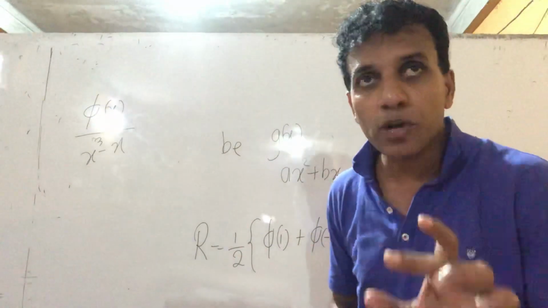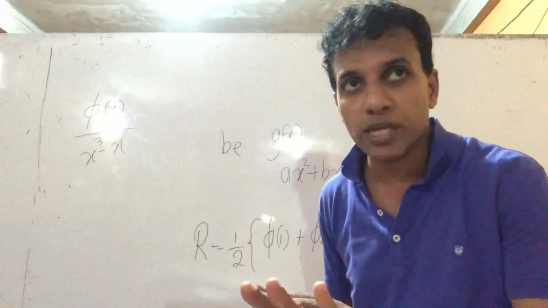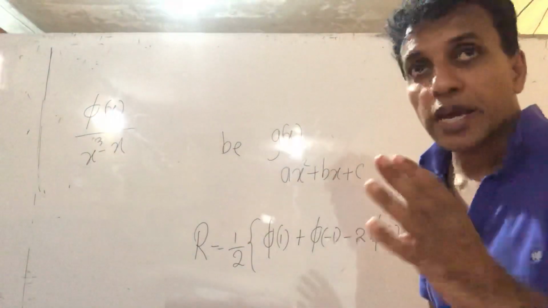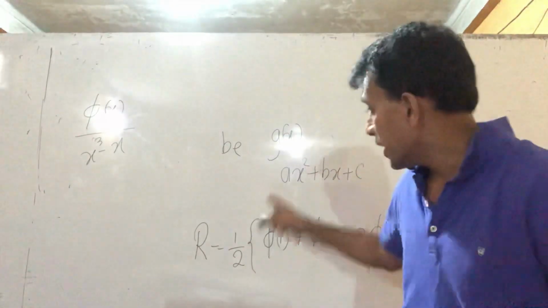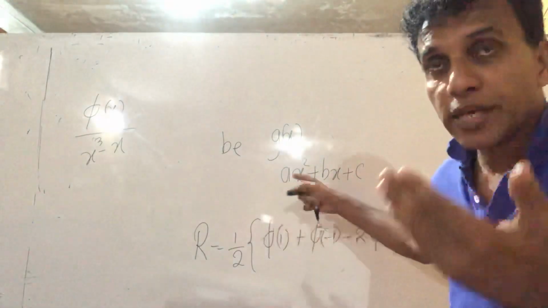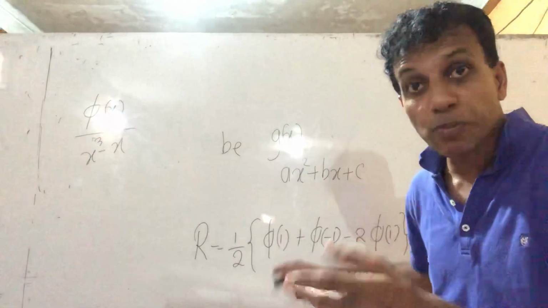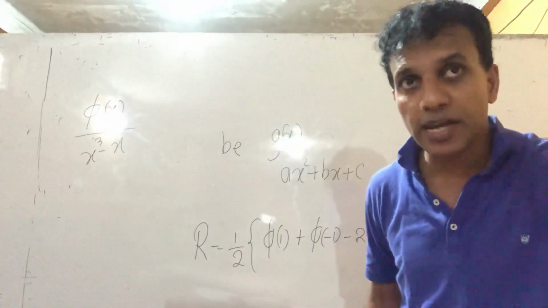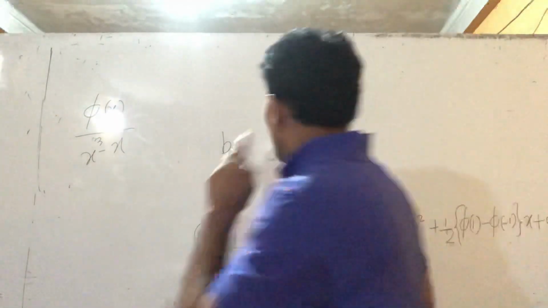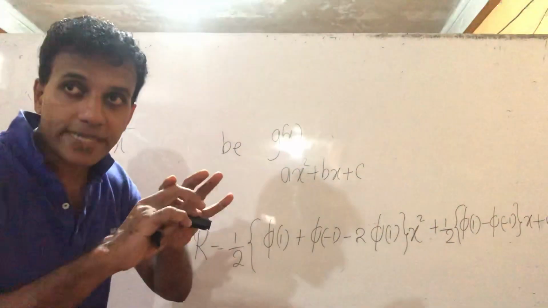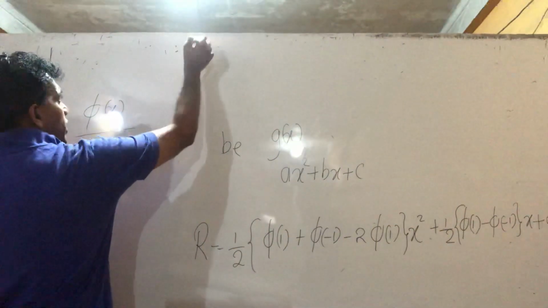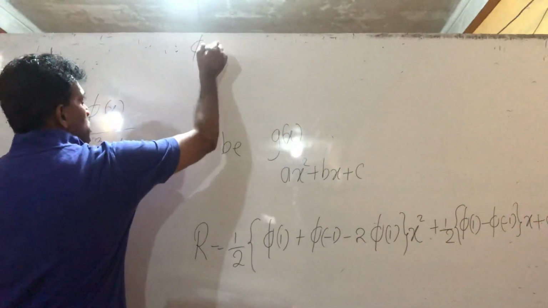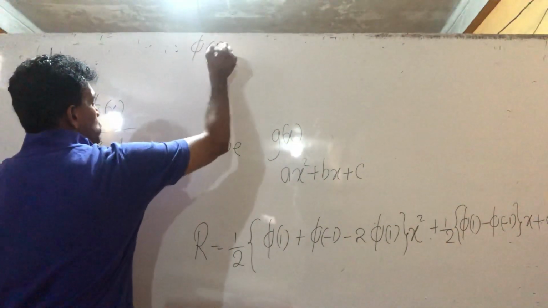The linear polynomial is ax plus b, quadratic is ax square plus bx plus c, cubic is ax cube plus bx square plus cx plus d. Very first day I gave my note. Therefore, we will write that identity.